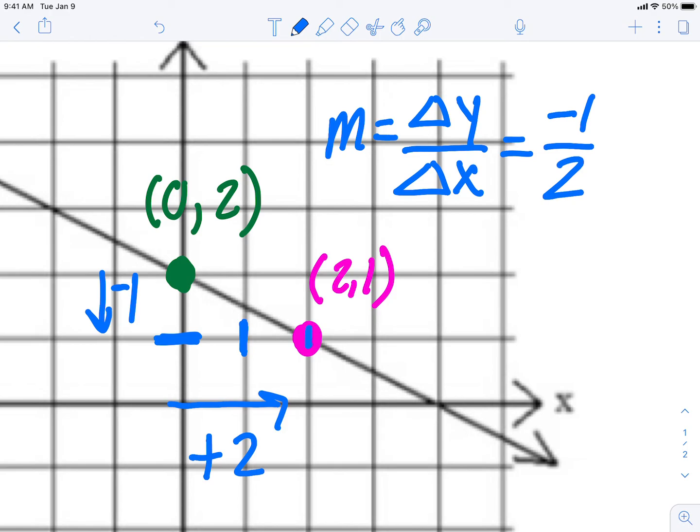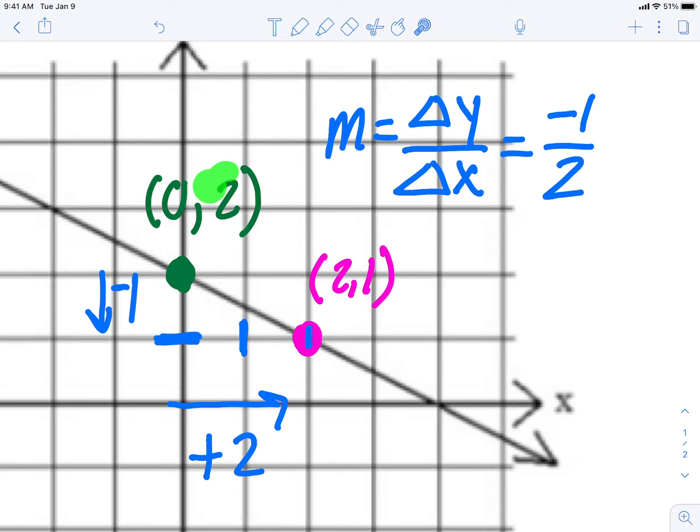Now, if you notice, these numbers are related to these numbers right here. If I take my x's, 0 minus 2, I get -2.